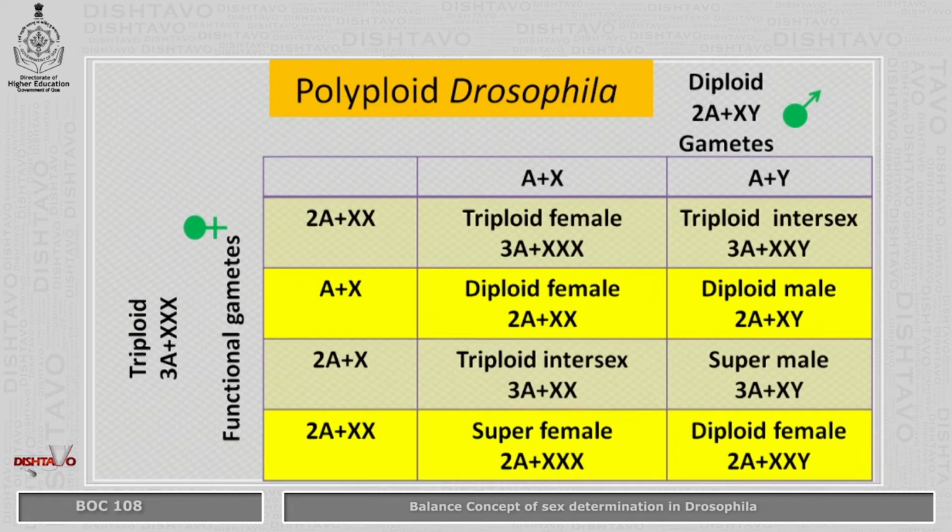The same female, when crossed with the diploid male having the gametes 1 autosome and 1 Y chromosome, would result in a diploid female having 2 autosomes, 2 X chromosomes and 1 Y chromosome. So here we can see that the number of chromosomes would vary in Drosophila. That is why they are called polyploid Drosophila.